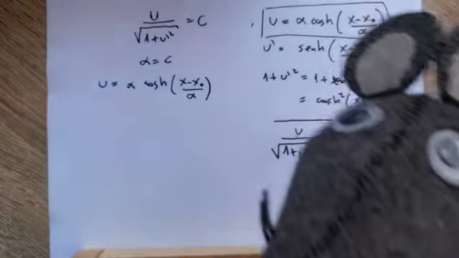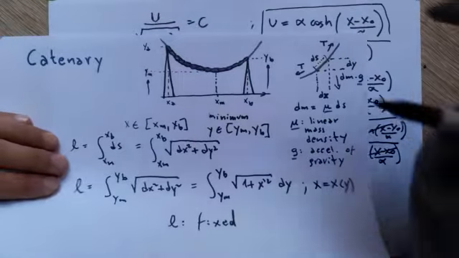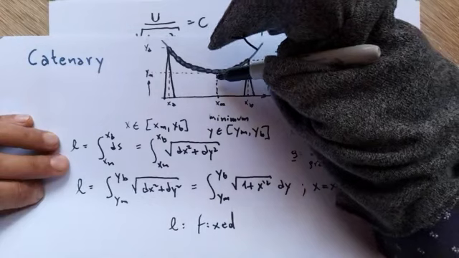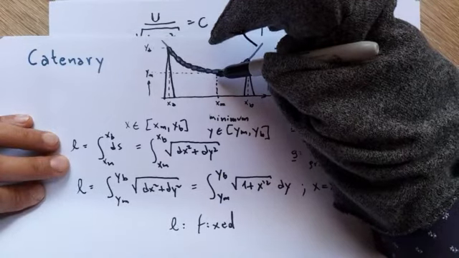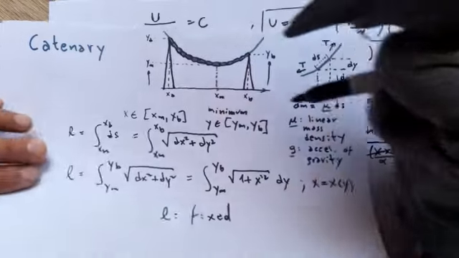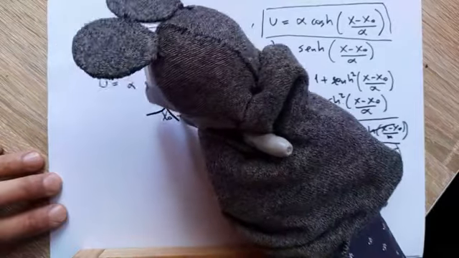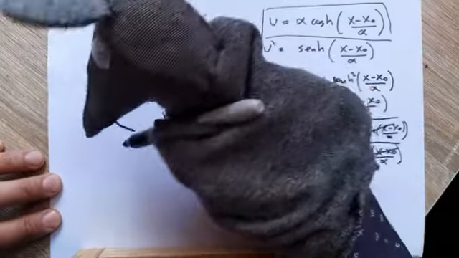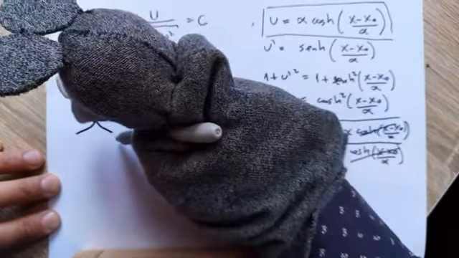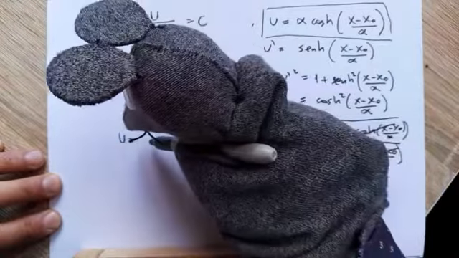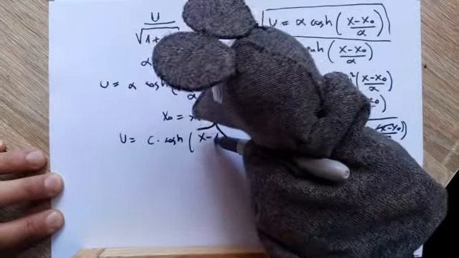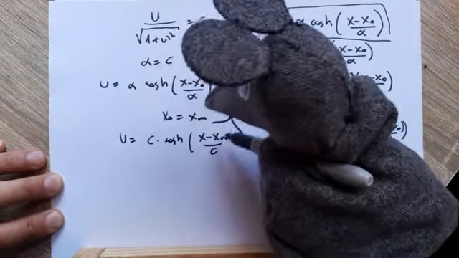Now we will remember that the minimum of the curve is at the xm point. It necessarily means that x0 equals xm. So finally, we can write u equals c times hyperbolic cosine of (x minus xm) over c.